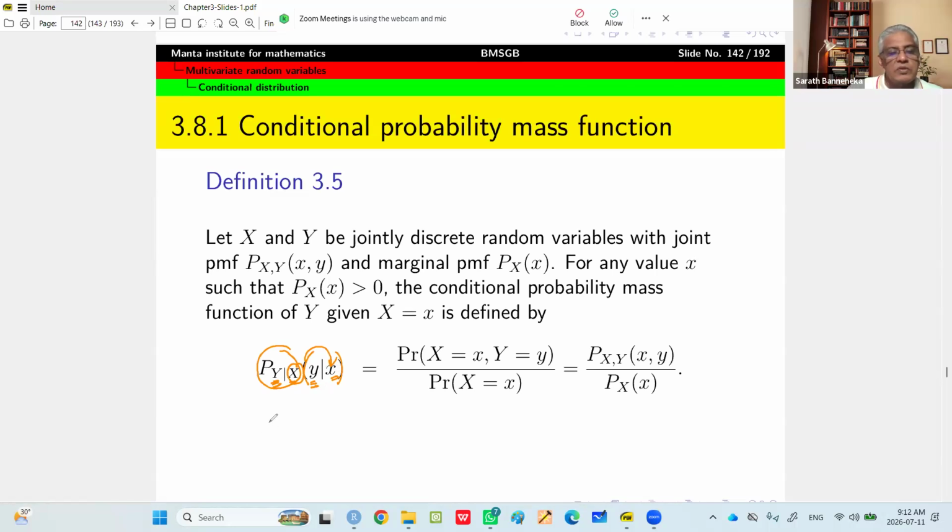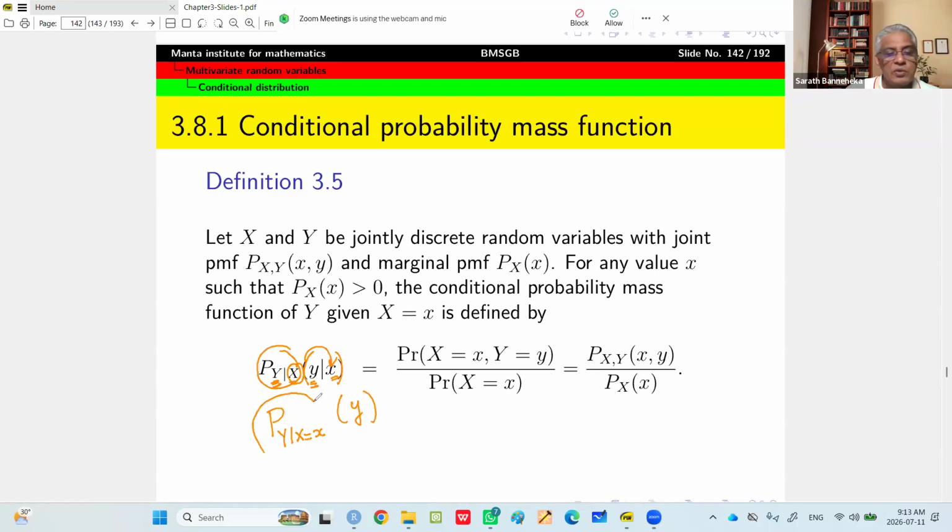Some books use this notation, P_Y, and they write down the whole thing here as the function and then write down small y.